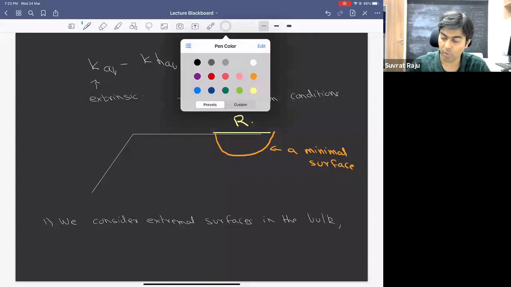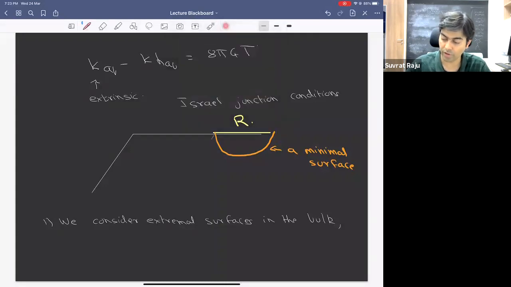Okay? So I'm also allowed to consider this kind of a surface, which terminates on the brane. So this is also a surface I'm allowed to consider. Okay, so this is an example of another minimal surface that's possible.